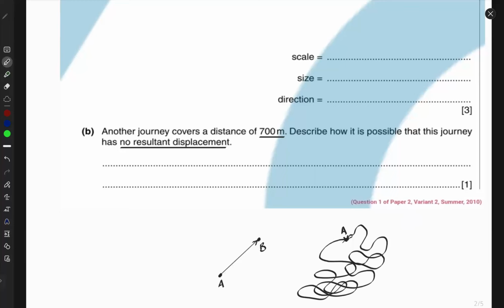Because the shortest distance from point A to point A is zero. So the only way that your resultant displacement can vanish is if I'm starting and ending at the same point.